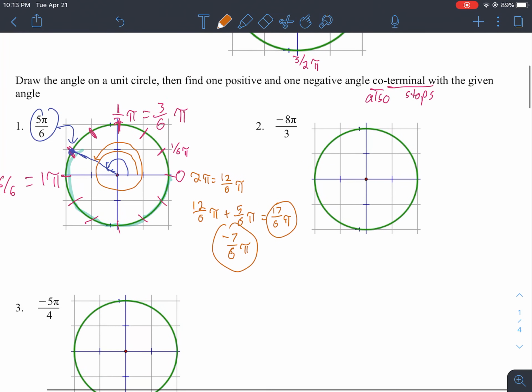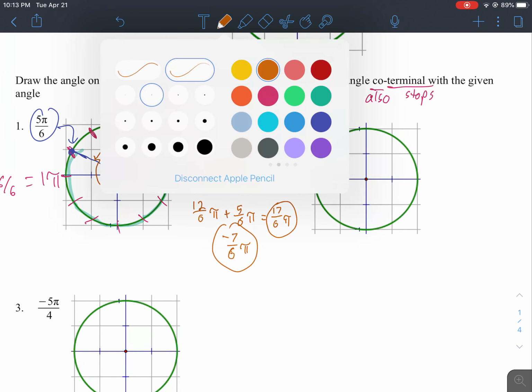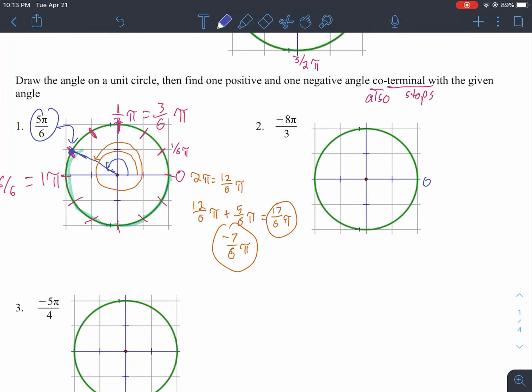Okay, the next one. Negative 8/3. Interesting. Okay, this is 0. This would be negative 3/3, because that's 1. All the way around is negative 2 pi, or negative 6/3 pi. Okay. So where in the world is 8/3?